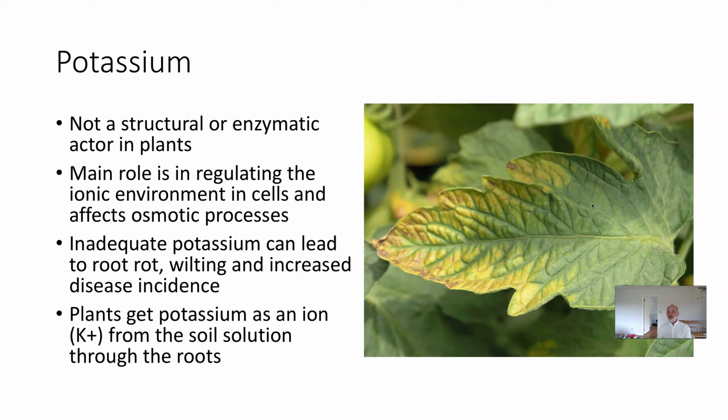If you've got a plant that is struggling and you Google yellow leaves in tomato, you'll find that that's often one sign of potassium deficiency. So looking for these signs is a good way to figure out what nutrient might be limiting in a particular plant. And again, it's absorbed primarily through the roots in plants.